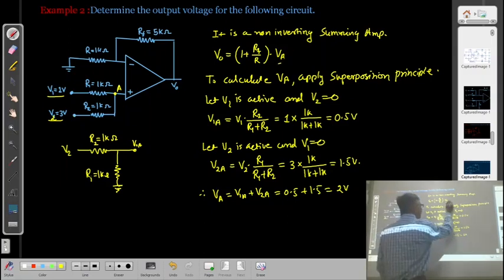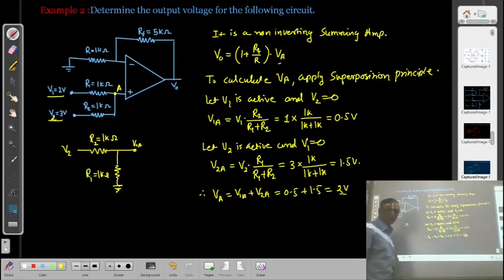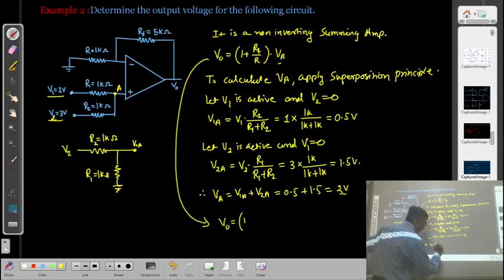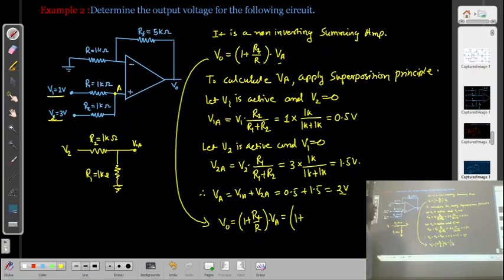So we have calculated VA as 2 volt. So now the output voltage of the circuit, VO, is equal to 1 plus RF by R into VA, that is equal to 1 plus, what is my RF?